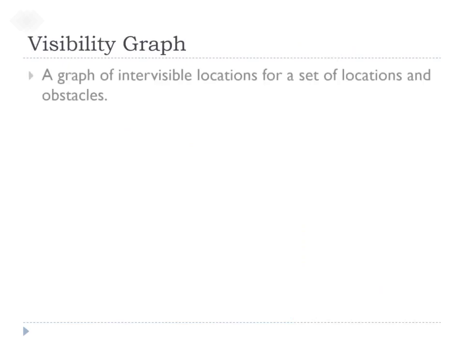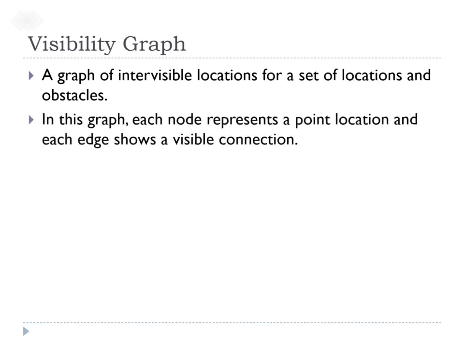We first understand what a visibility graph is. It is a graph of intervisible locations for a set of locations and obstacles. So every location is represented by a node, and between two locations, if there is a visibility, then that is represented by an edge.